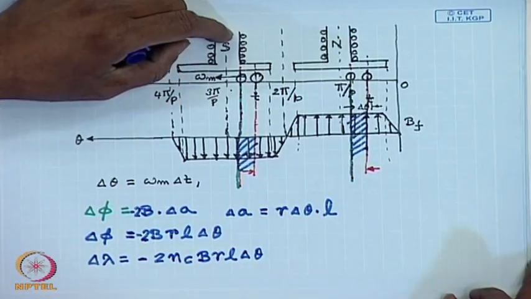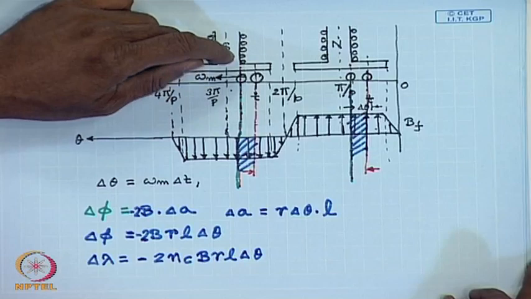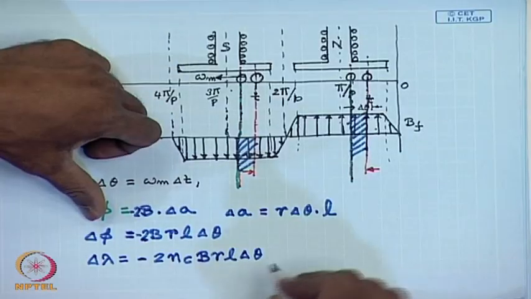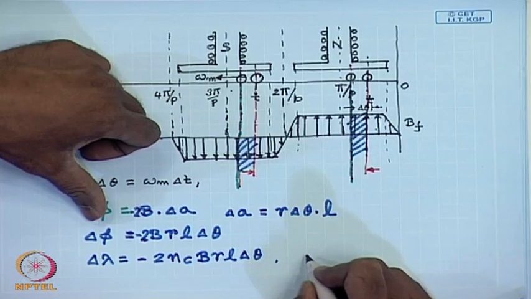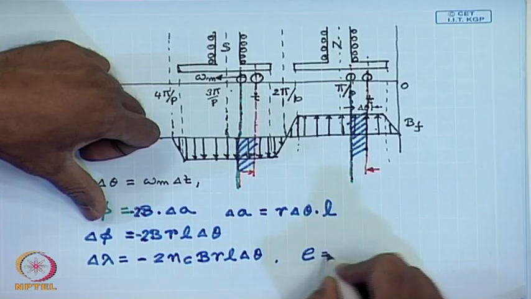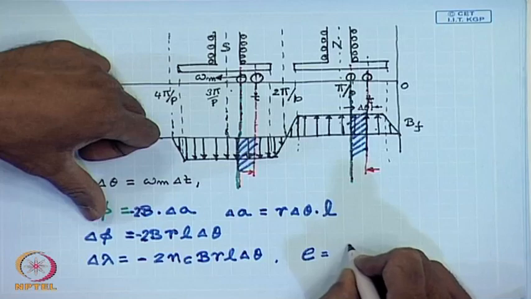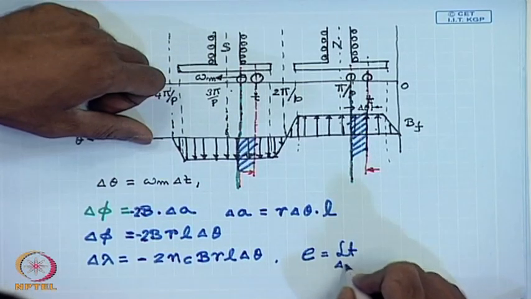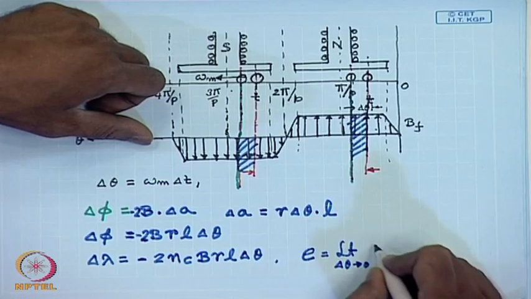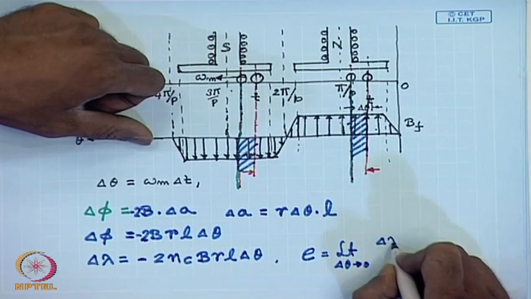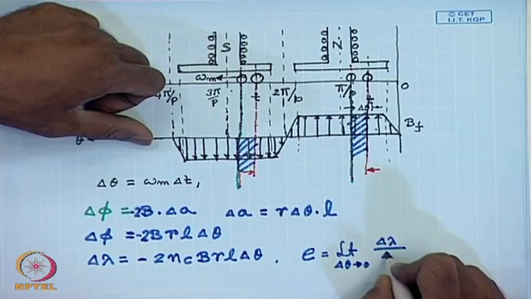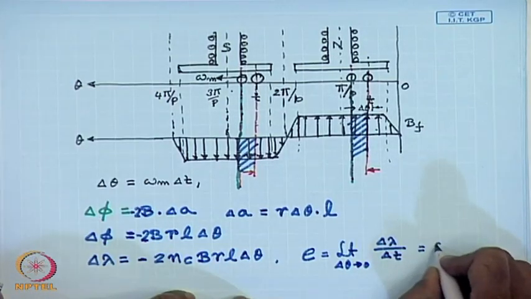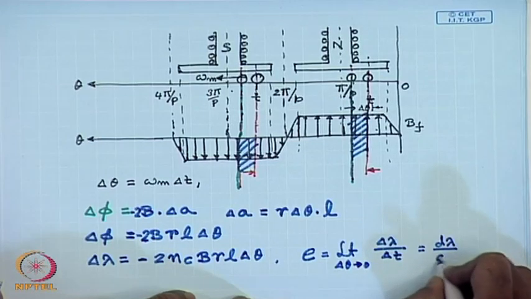So, the magnitude of the EMF induced in this coil at the instant t is given by E equal to limit delta theta tending to 0 of delta lambda by delta t, that is equal to d lambda dt.